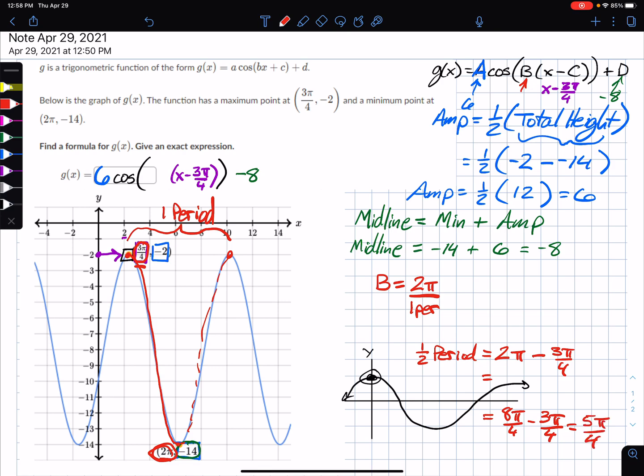Now that is half of a period. Okay, so I'm going to put that up here. Half of a period is 5π/4. If I want to get one whole period, I'm going to have to double it. So to go from a half to a whole, you got to double. So I'm going to double 5π/4.